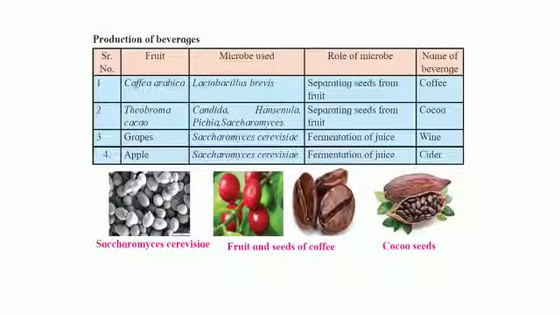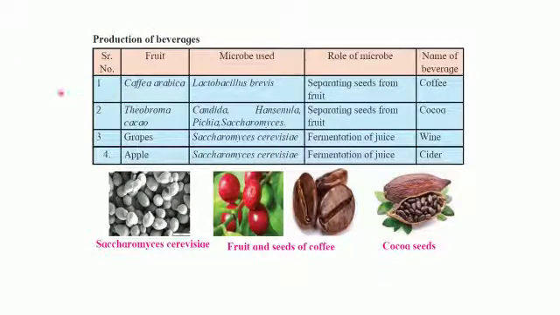This table is taken from page number 80 of your textbook. Now this table tells you about the production of various types of beverages like coffee, cocoa, wine, and cider that are prepared from various types of fruits. And a particular microbe is used to bring about the fermentation of the fruit juice so as to obtain the beverage.